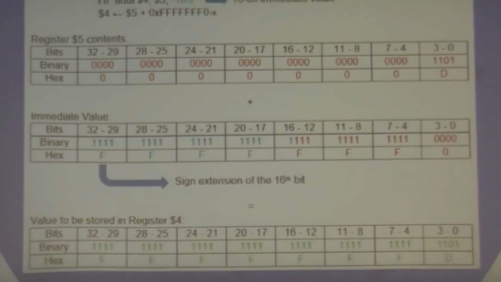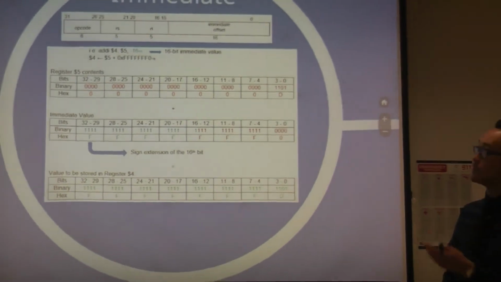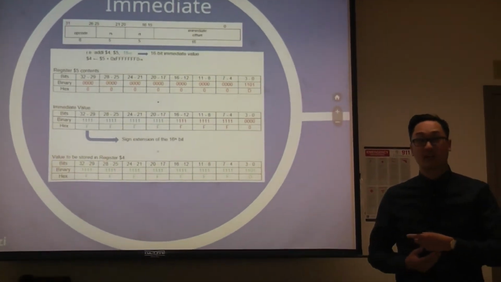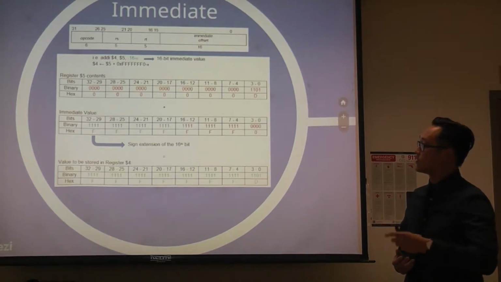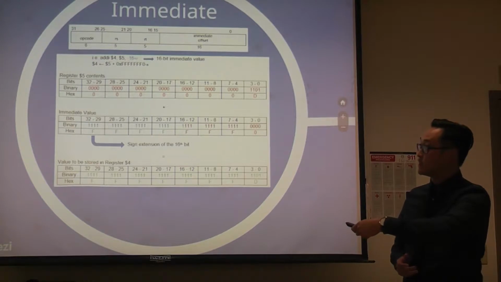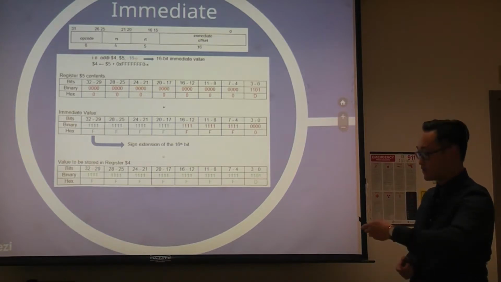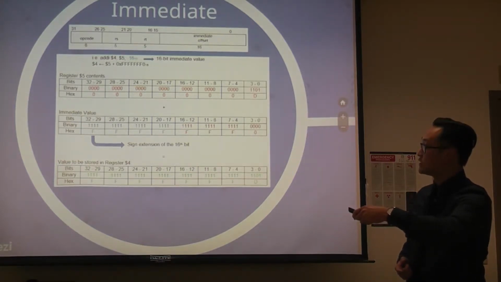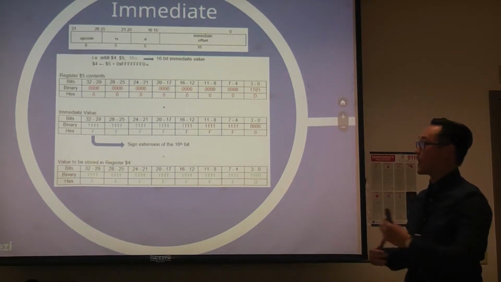We're using register 4 as the RT, register 5 as RS, and negative 16 base 10 as the 16-bit immediate. The register 5 contents are going to be 00D, and the immediate value is negative 16, so we convert that to base 16. As you can see, the 16th bit is sign extended to keep the negative sign when we're adding the two values.